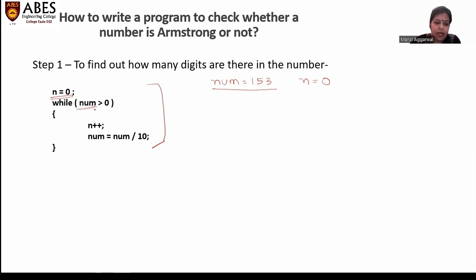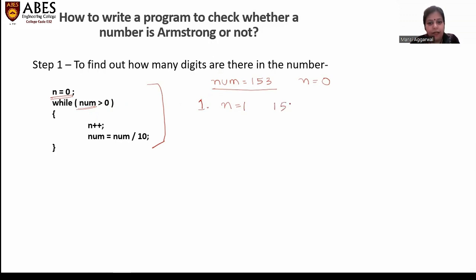In the first iteration, as we can see, num is 153. So this condition becomes true as 153 is greater than 0. So we will go inside the loop, and in the first iteration, the value of n will be incremented by 1. So it will become 1. And the value of num will be divided by 10.